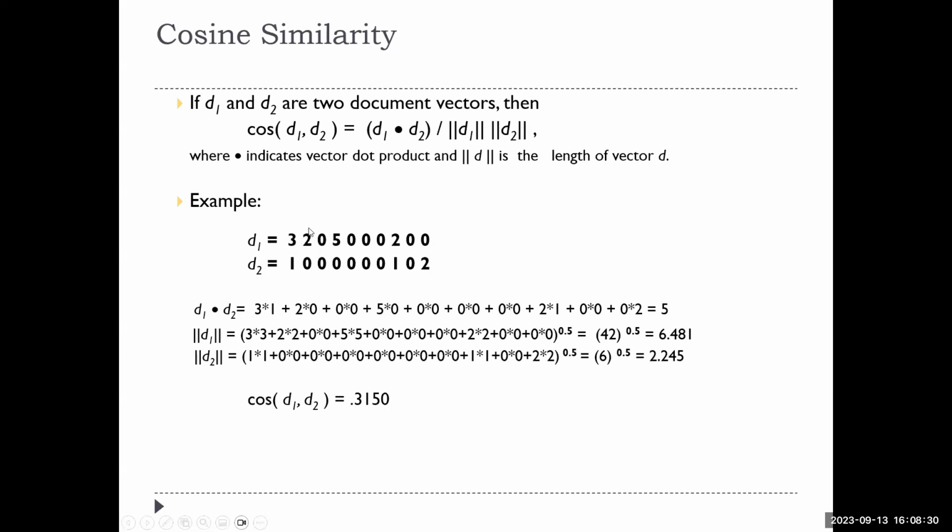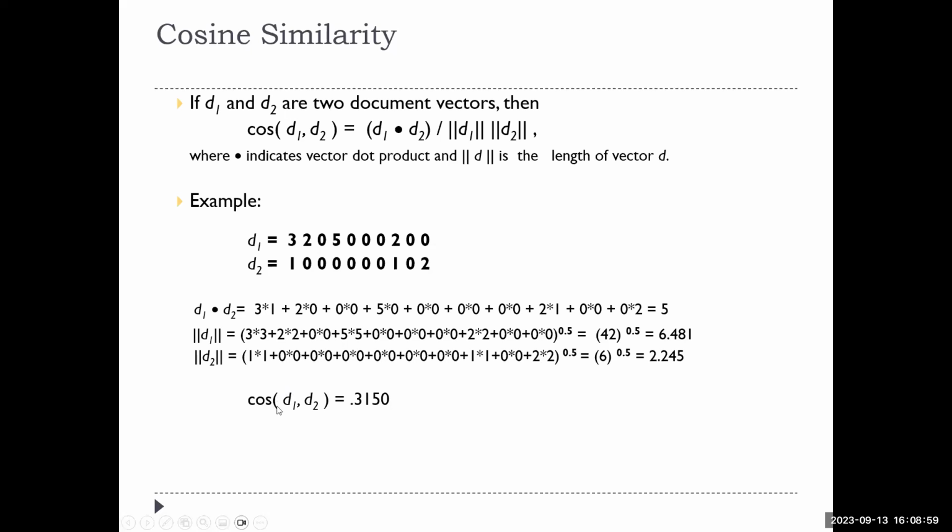The length is like Euclidean somehow. You look at 3 squared plus 2 squared plus 0 squared plus 5 squared plus 0 squared, and you add them up and then take the square root of it. You get 6.4 for the first one. For the other one, you do the same thing: 1 squared plus 0 squared plus 2 squared, and then you take the square root of it, you get 2.2 something.